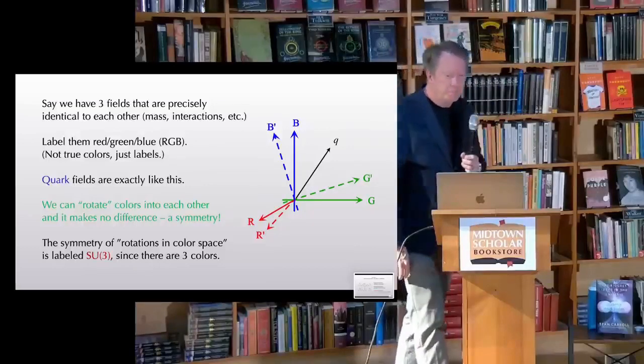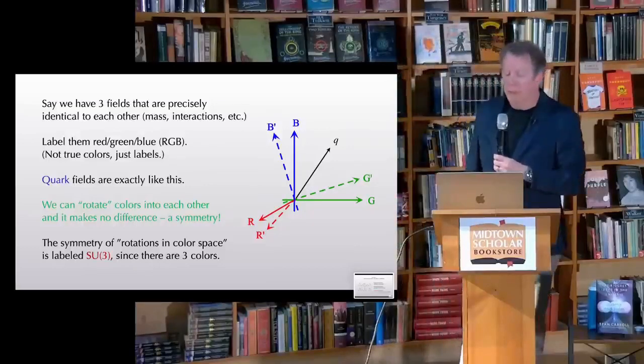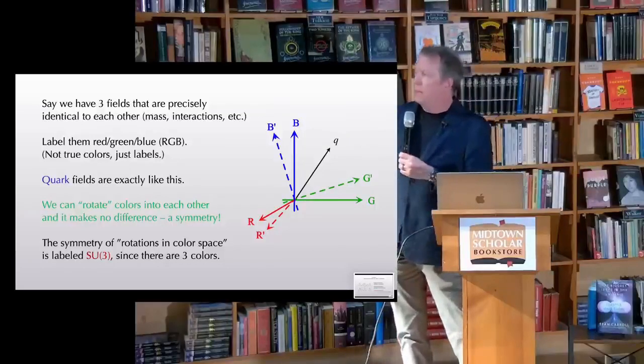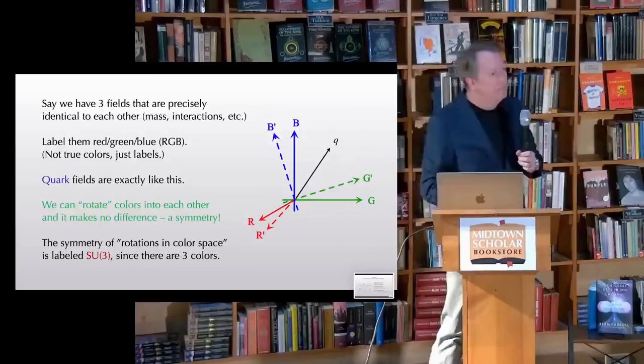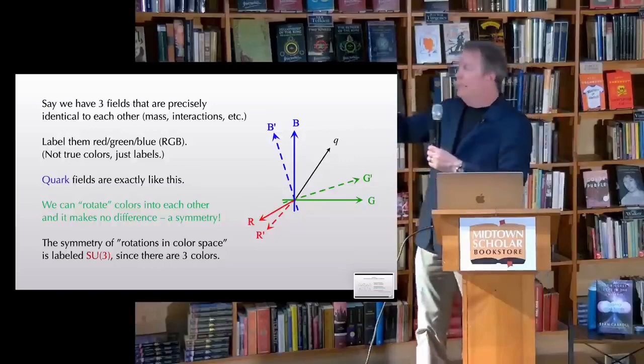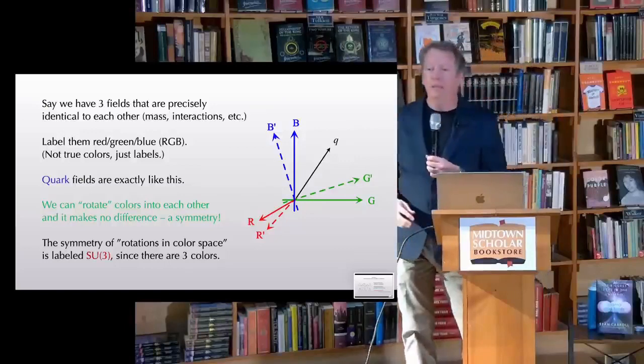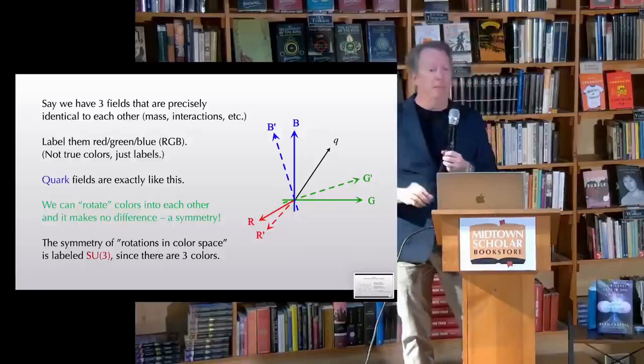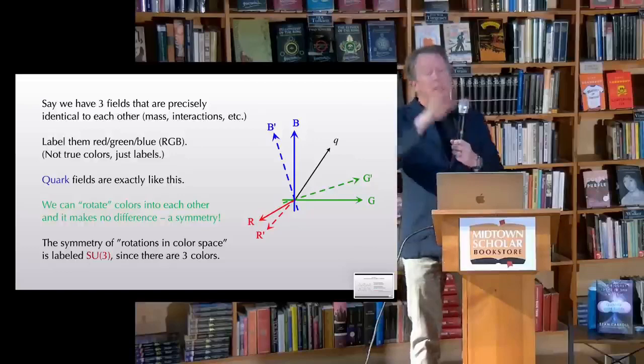And you could imagine other fields doing similar things. Since it didn't matter what we called red, green, or blue, and actual quarks are going to be some combination thereof, we could take those axes and rotate them a little bit. And still nothing would matter.